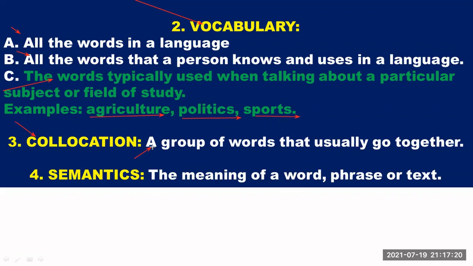Now, we said that collocation refers to a group of words that usually go together. Just as human beings keep company with one another, certain English words tend to be used together frequently. And when two or three words are usually or frequently used together in sentences, such words are called collocates.